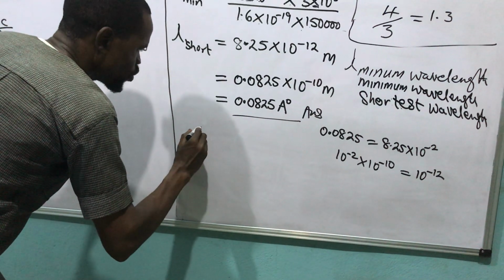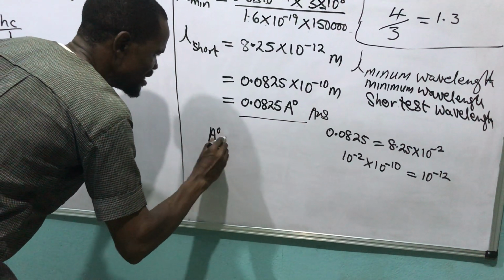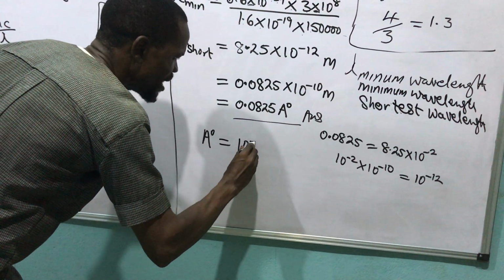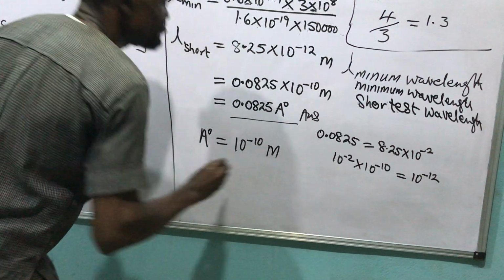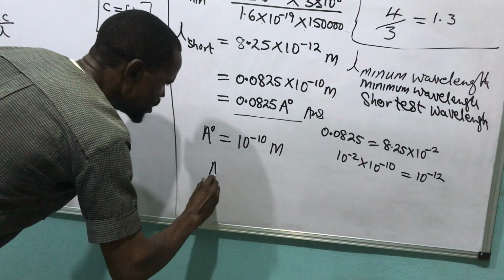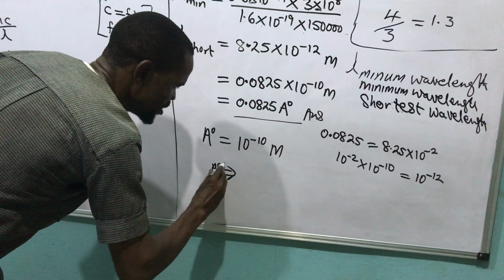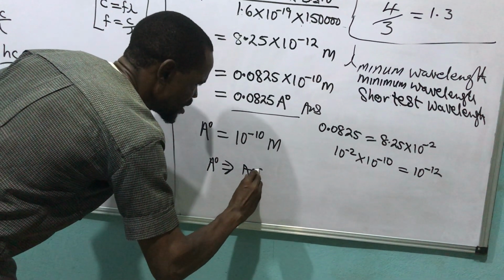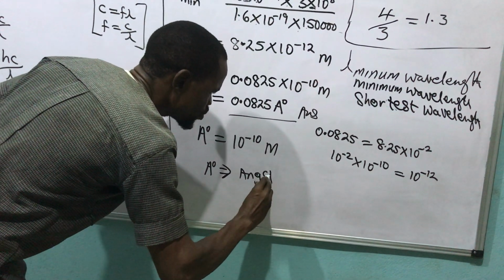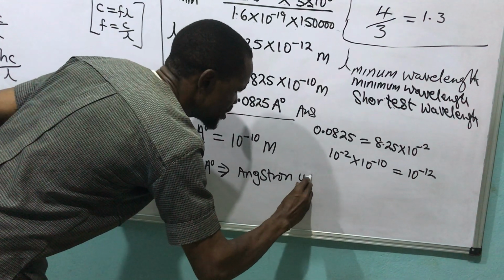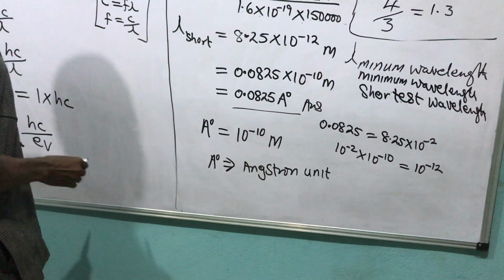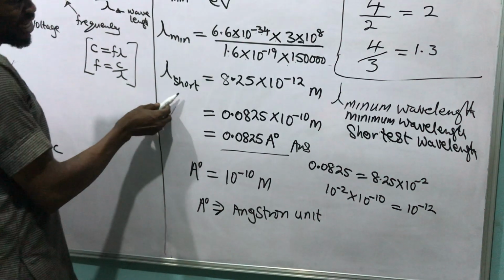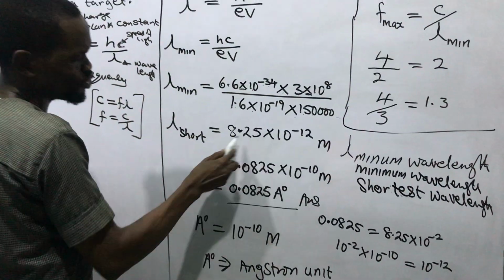This is what we call the Angstrom unit. One Angstrom is equal to 10 raised to power minus 10 meter. It's called Angstrom units. So the shortest wavelength is equal to this answer.